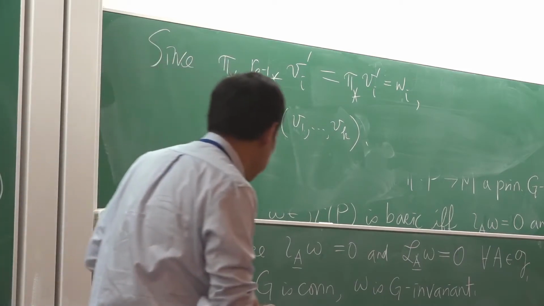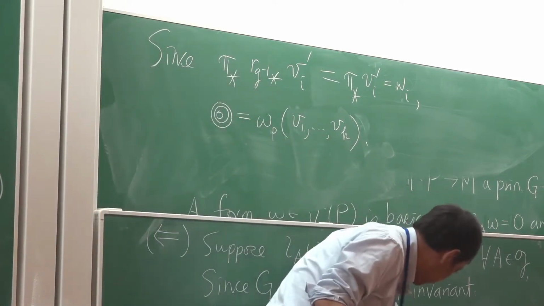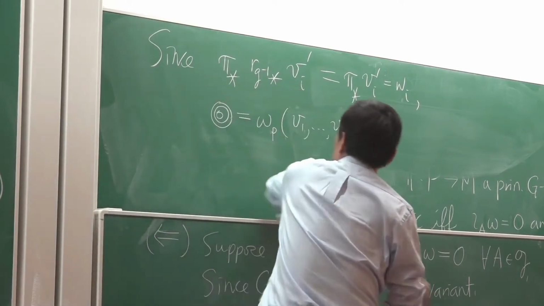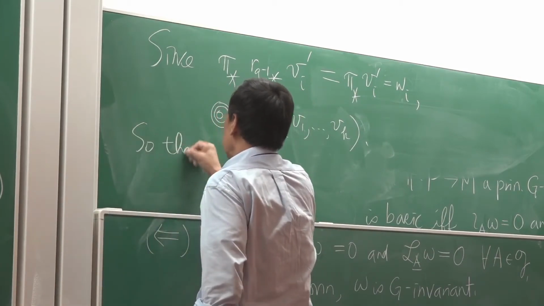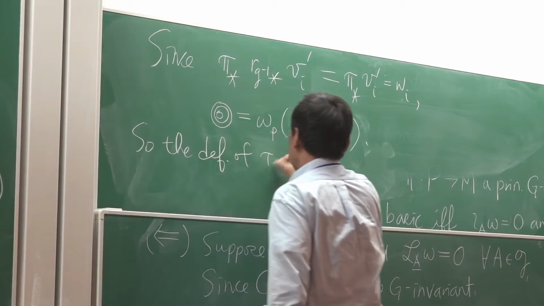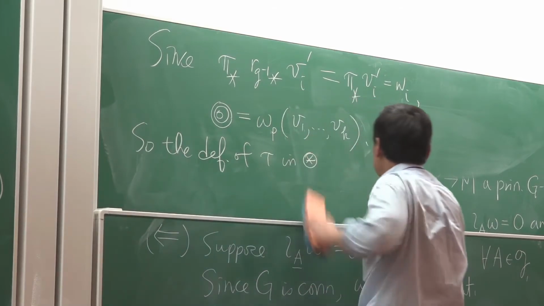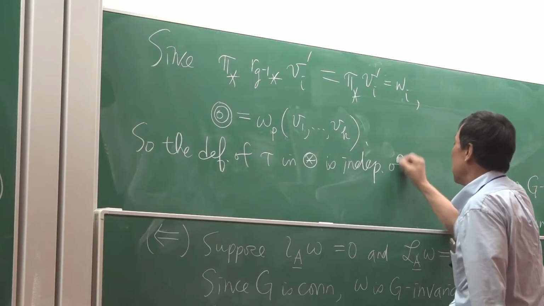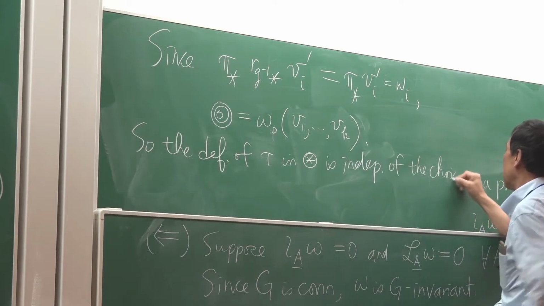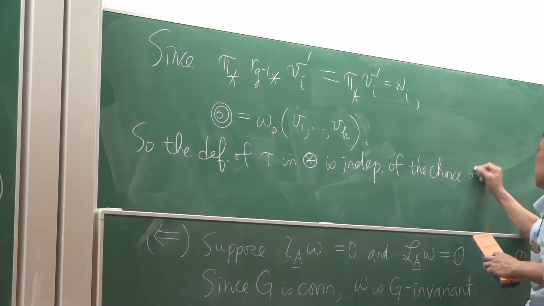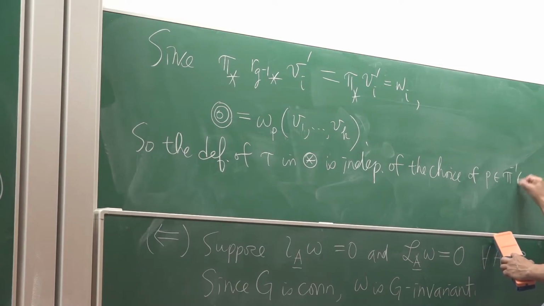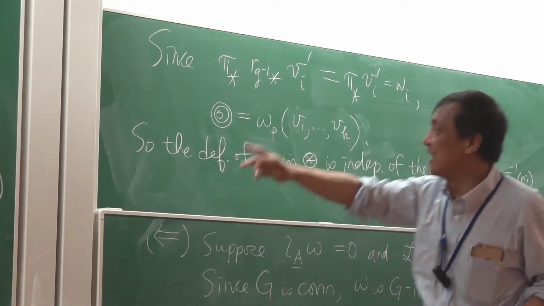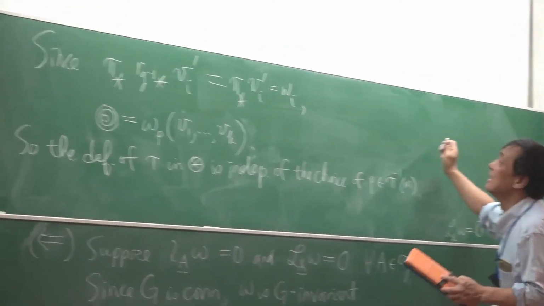the definition, this definition, right, is independent of the choice of P. Okay? So the definition of tau is independent of the choice of P in the fiber. Okay? Because if I choose a P prime, I get the same answer. Okay?